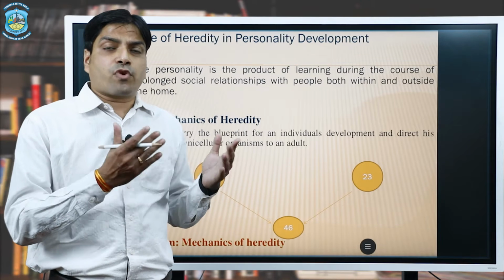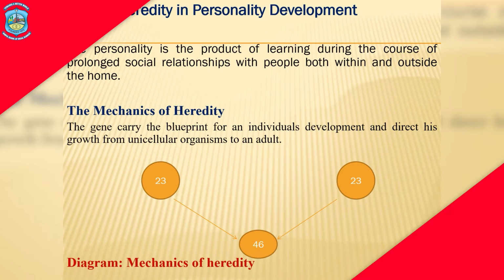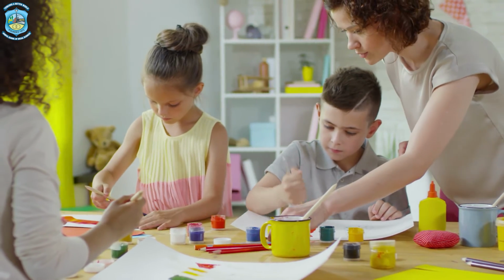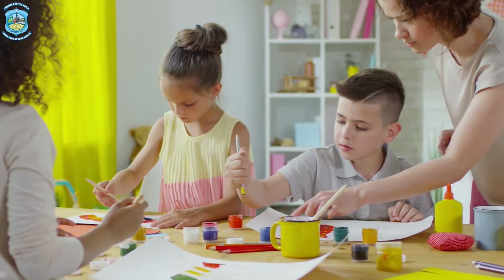The 22 pairs of chromosomes determine how our personality will be, how our nose will be, how our eyes will be, how exactly we will reflect in our daily life. And the remaining one pair will determine what sex we will be, either male or female.